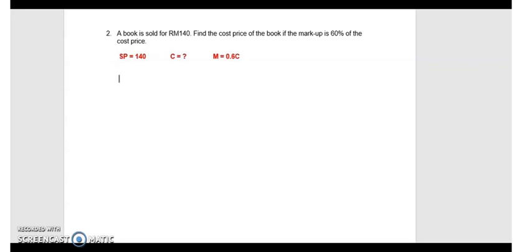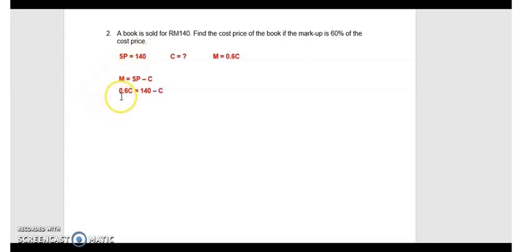Okay, how to find cost? We know the formula: markup equals selling price minus cost. So markup is 0.6C, equivalent to selling price 140 minus C. So we want to find C, right?